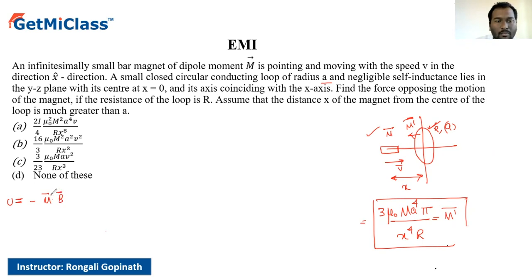Now here m bar is the magnetic moment of the loop, dot B bar of the magnet. So here there is a dx by dt term which will include the term v as well. So minus of m bar dot B bar is minus, taking only the magnitude, 3 mu naught m a power 4 pi v by x to the 4 R, dot B bar is mu naught by 2 pi into 2m by x cube.